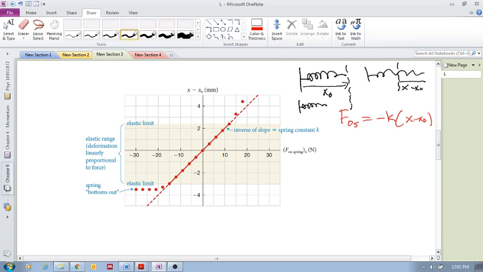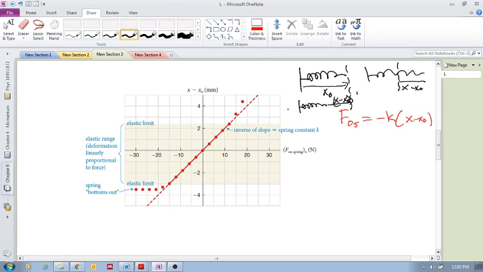So you've got x minus x0. In the compressed case your x is smaller than x0, so you are going into this region here, which means x minus x0 is going to be negative, whereas in the stretched case your x is larger than x0, which means you're going to be in this region here.